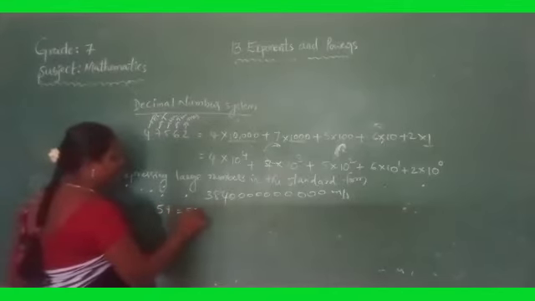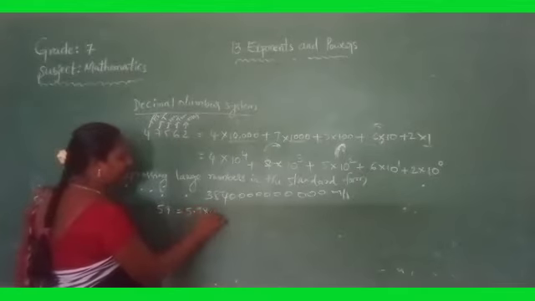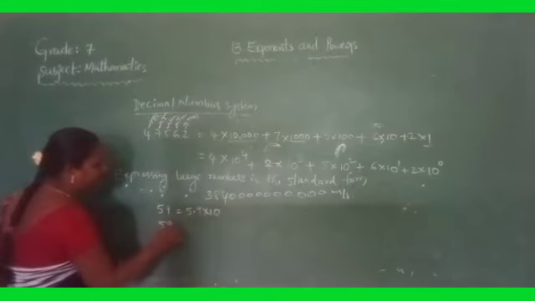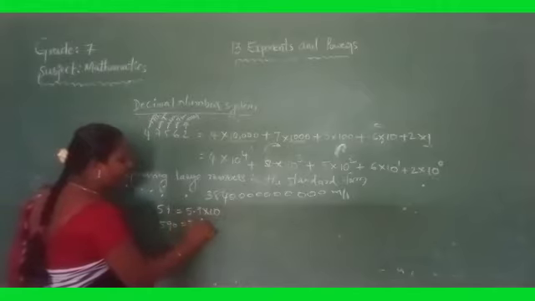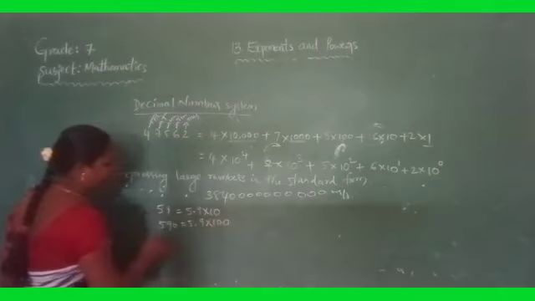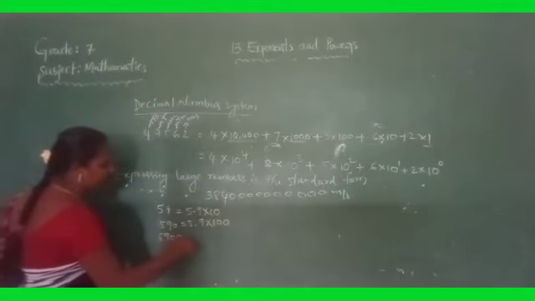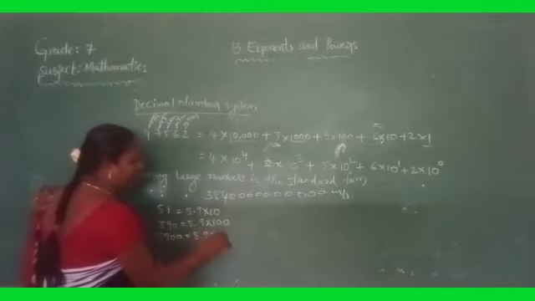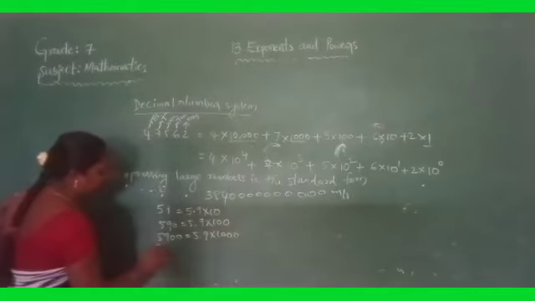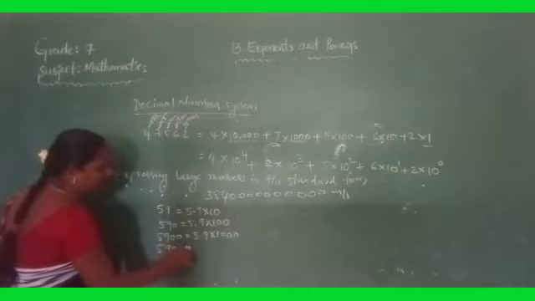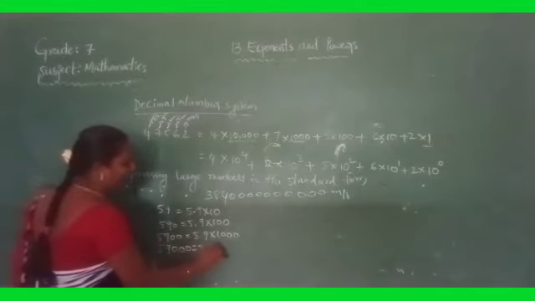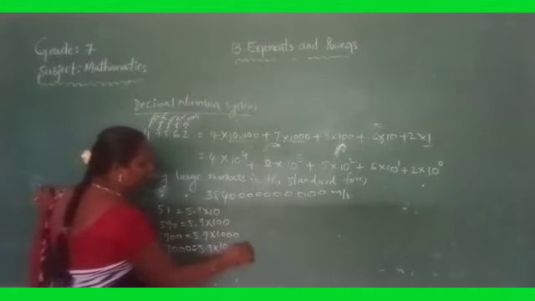Observe: 59 is 5.9 into 10. 590 is 5.9 into 100. 5,900 is 5.9 into 1000. 59,000 is 5.9 into 10,000.